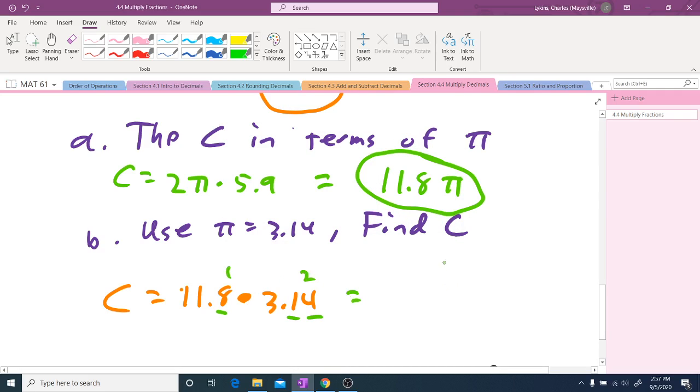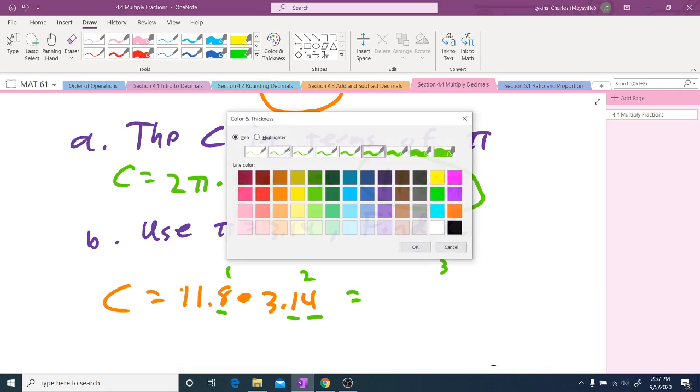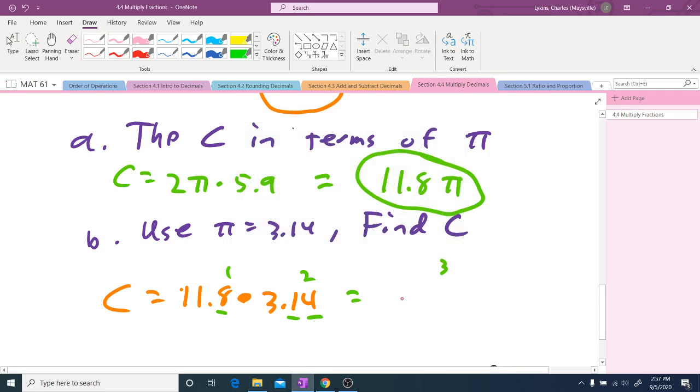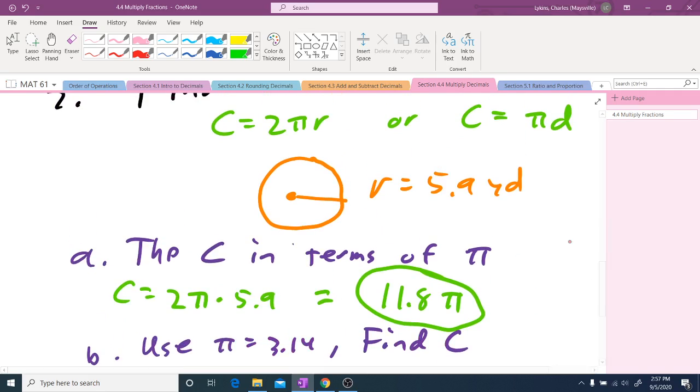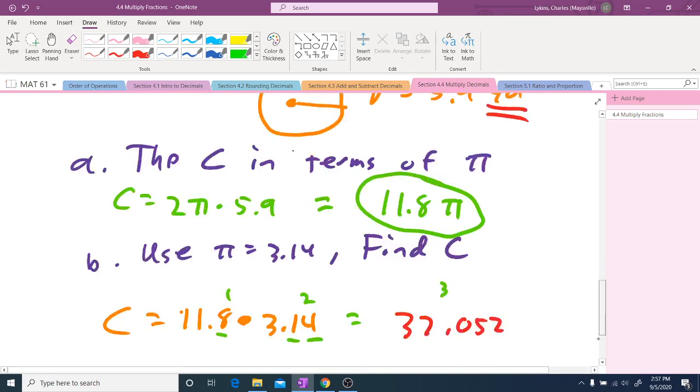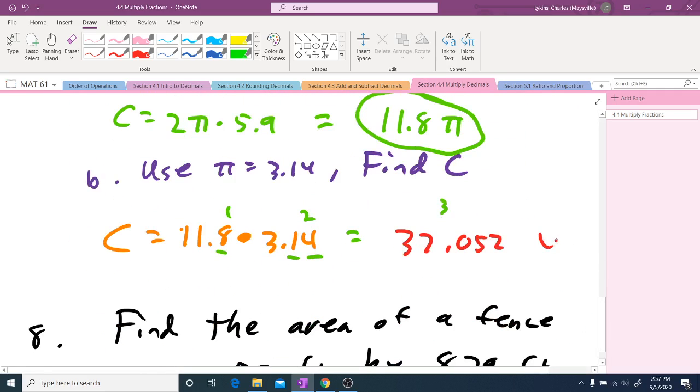That means my answer is going to have 3 decimals in it. So if I multiply this out, I get 37.052, and the units is the same as our radius, which is yards. That's basically the perimeter around the circle.